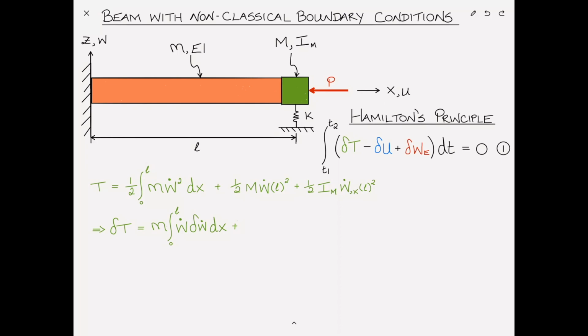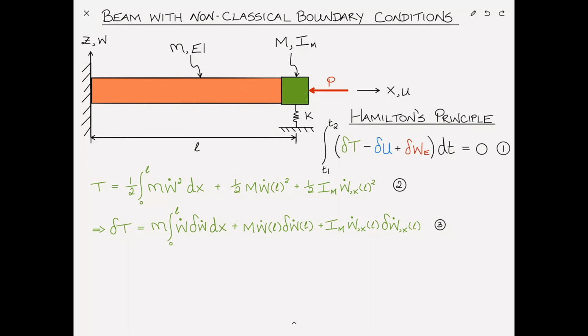Taking the variation of the second term, again the half cancels with the 2, and I'm left with M w dot at L del w dot at L. Taking the variation of the third term gives me I sub M w comma x dot at L times del w comma x dot at L. And some numbers, number 2 and 3. And that's it. That's the expression for the variation of the kinetic energy.